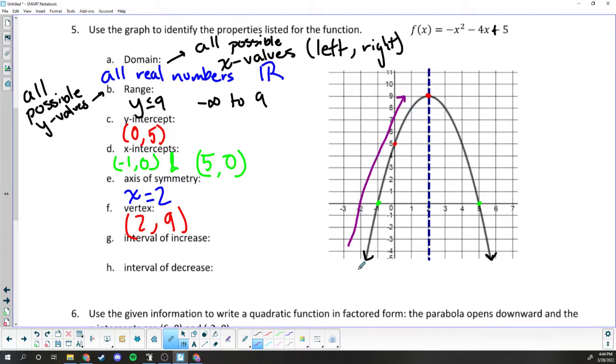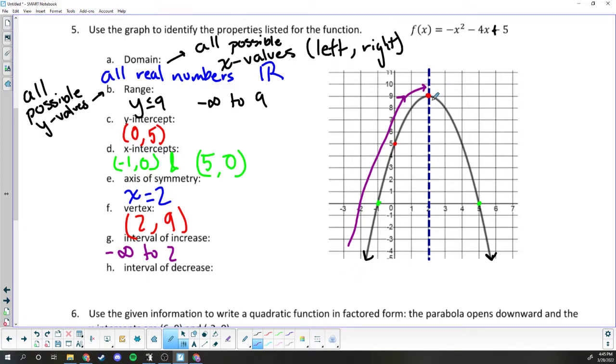Imagine you're on a roller coaster. You would start all the way at one end of the universe heading up, chugga, chugga, chugga, right? You would go all the way up until you reach the tippy top, in which case you stop for a second. Your anxiety is at the highest point. You're about to scream because you're going down the hill, which means that you have increased from negative infinity to 2, right, in the x direction, until I get to x equals 2.